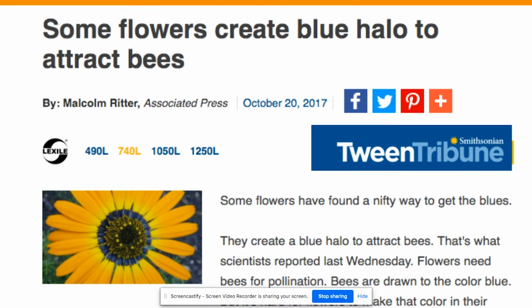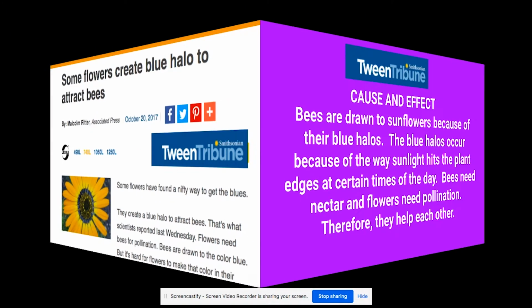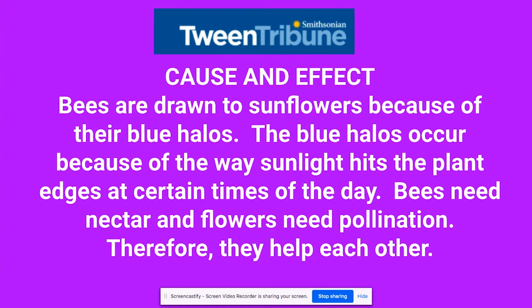So in this article by Tween Tribune from the Smithsonian, it's called "Some Flowers Create Blue Halo to Attract Bees." And it starts with flowers have a nifty way to get the blues. They create a blue halo to attract bees. Let's see why. Bees are drawn to sunflowers because of their blue halos.